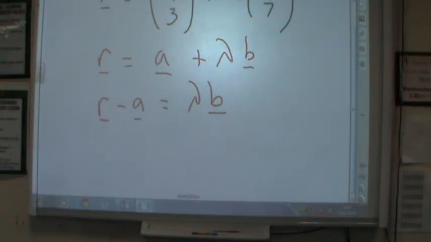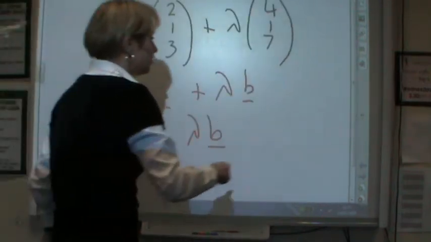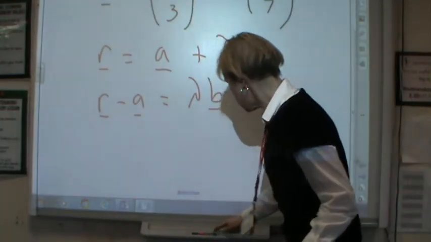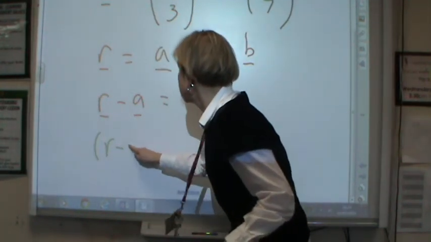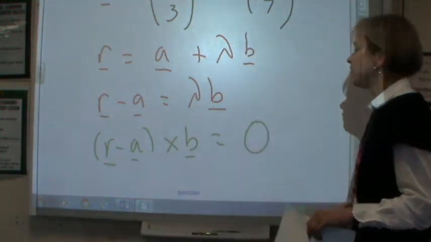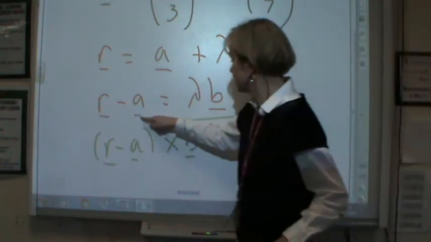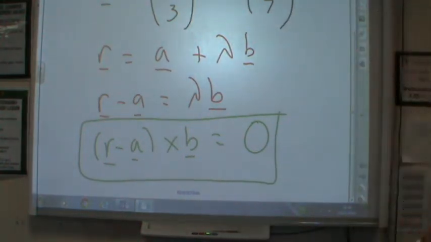So we can see that the vector R minus A is parallel to vector B. Using the idea that we mentioned earlier with the cross product, we can rewrite that in a totally different way. We can write it as the cross product of vector R minus A and vector B equaling 0. So that is the vector product form of an equation of the line.